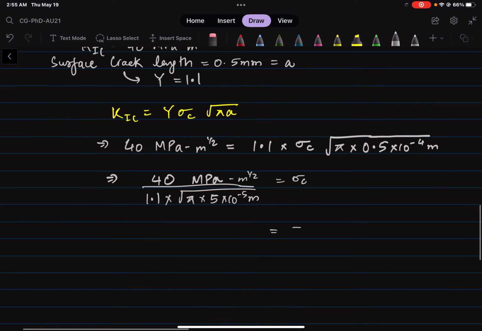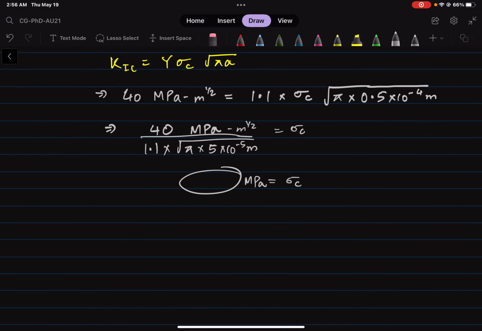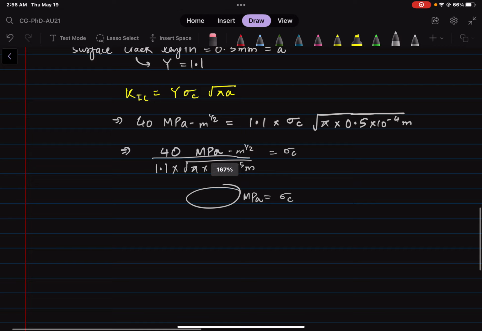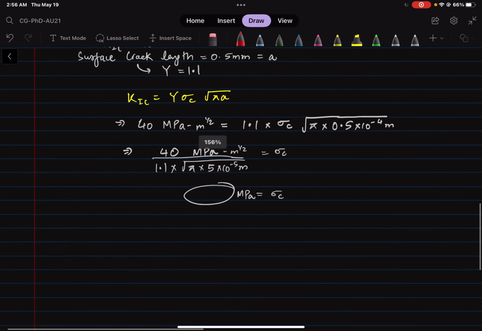So finally, you will get a sigma c value in megapascals. And when you solve this, you can then convert this sigma c.